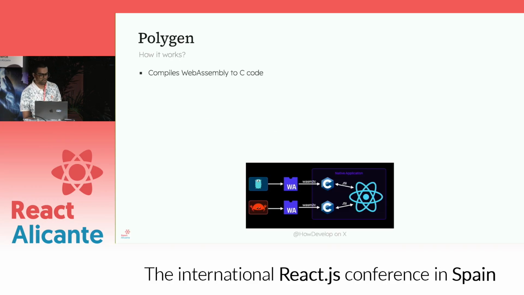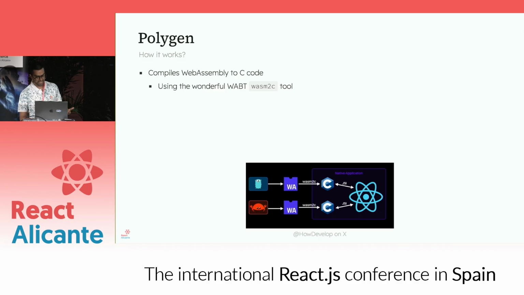So let's talk about how it basically works. Rather than running WebAssembly modules directly inside of our native systems, which was the approach with WASM 3, what we are doing here is using a tool called WASM2C. It's a library that allows us to convert a WebAssembly module into C code.